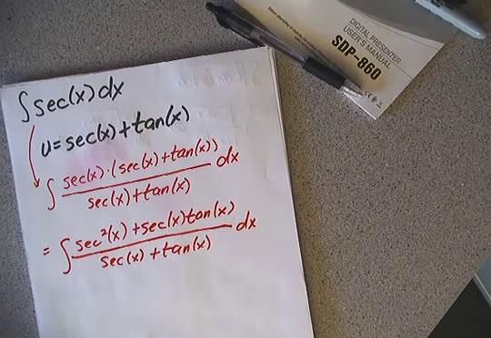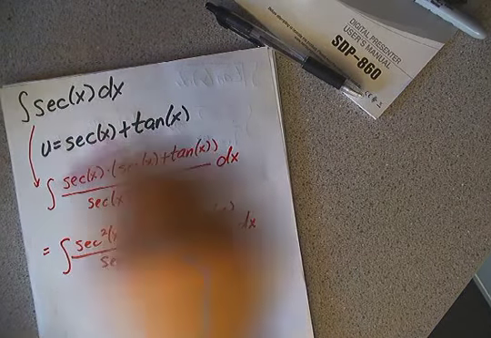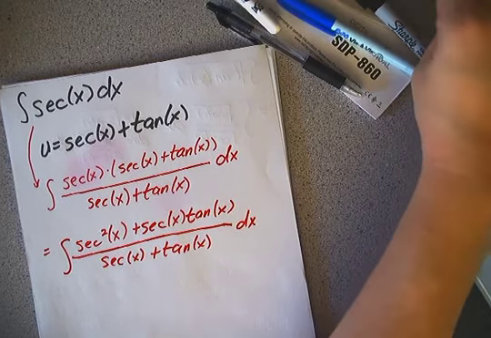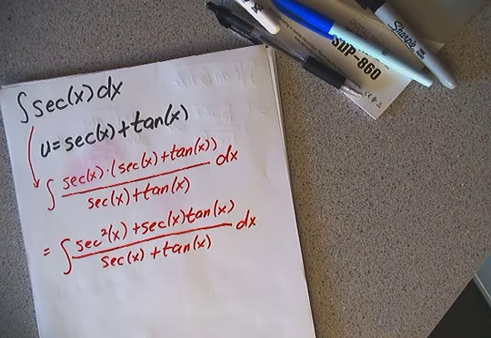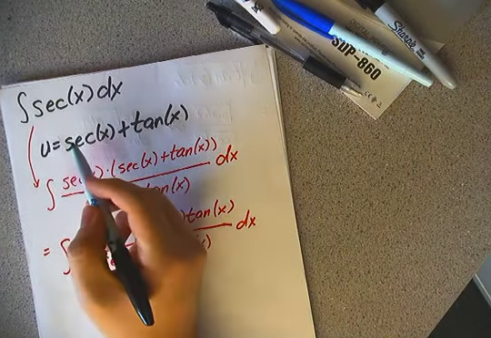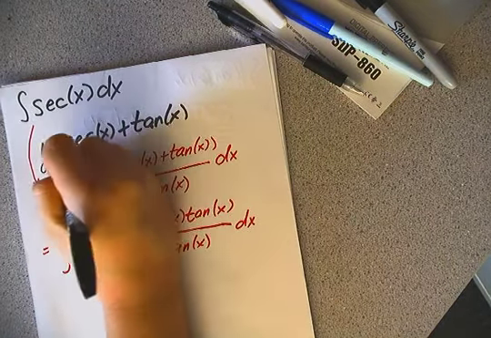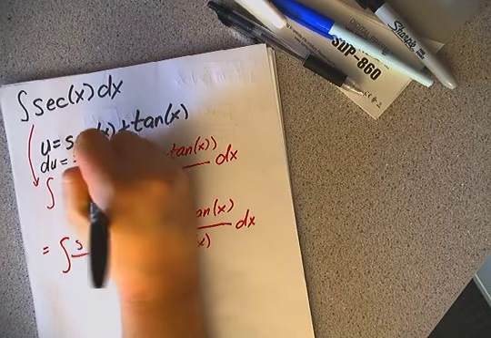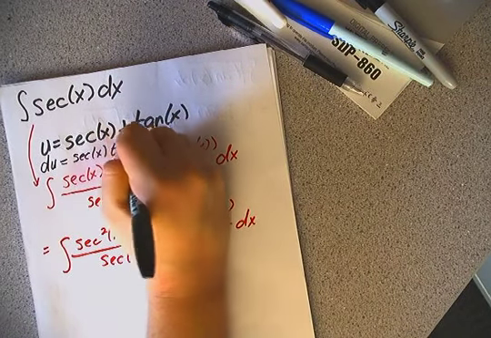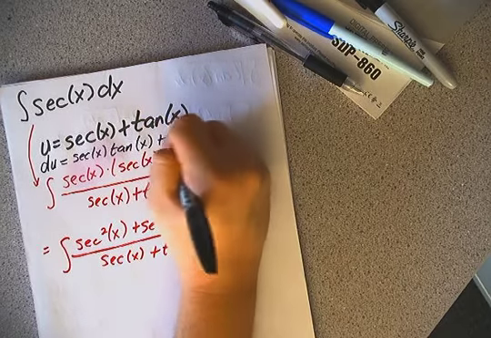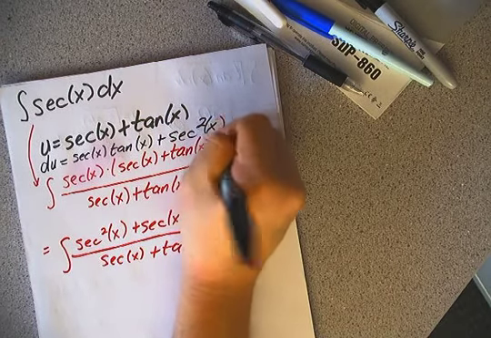All right, now if you want to look back up here at our u, we now have a secant of x plus tangent of x. So what's du? Well, du is going to be the derivative of secant of x, which is secant of x tangent of x plus secant squared of x.